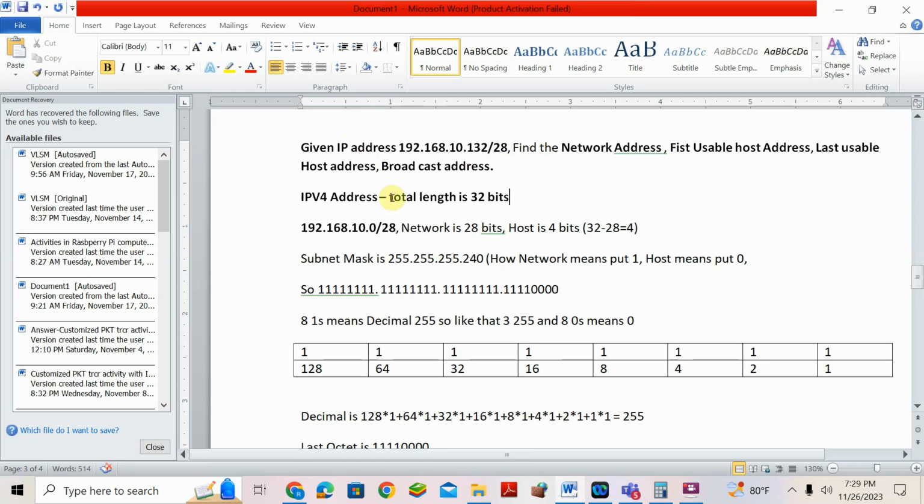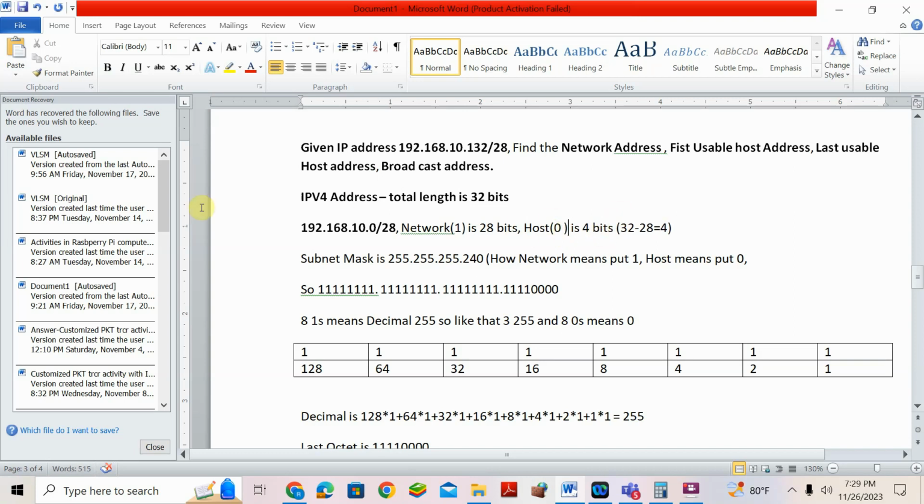In that, /28 means the network is 28 bits, the number of ones is 28, and the host is 4, because out of 32, 28 gone means 4.